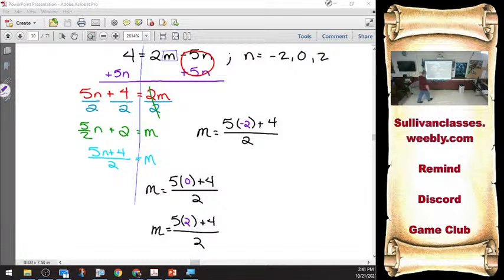What is -6 divided by 2? Do it again. 5 by 0. Plus 4. Divided by 2. 5 times 2. Plus 4. Now divide by 2. Okay.